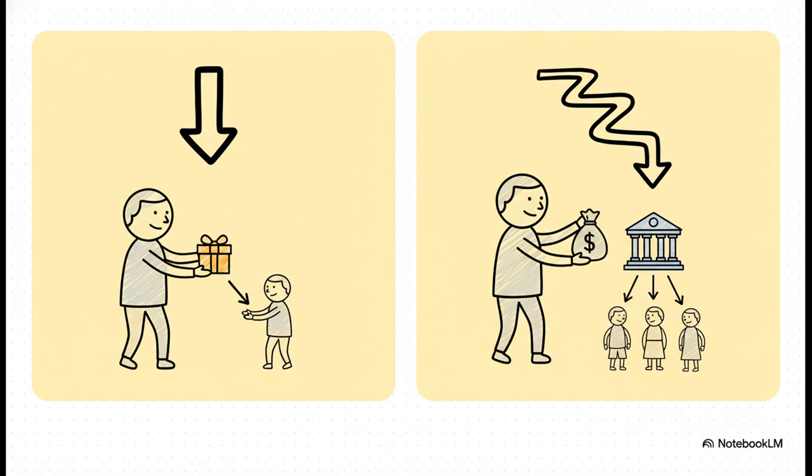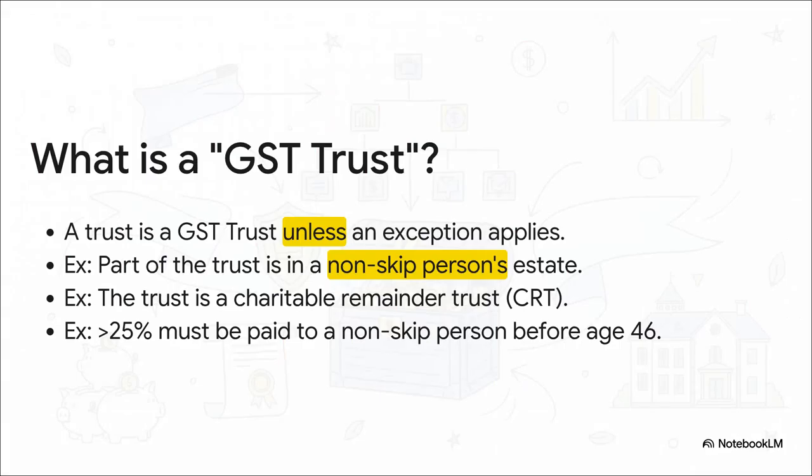This is when you put assets into a trust that could one day benefit a grandchild. The money's not going right to them, but it's on a path in that direction, so the IRS rules kick in. But here is the critical catch. The automatic allocation for those indirect skips only happens if the trust is legally defined as a GST trust. Now, the law presumes that it is a GST trust unless it fits into one of these really specific, narrow exceptions.